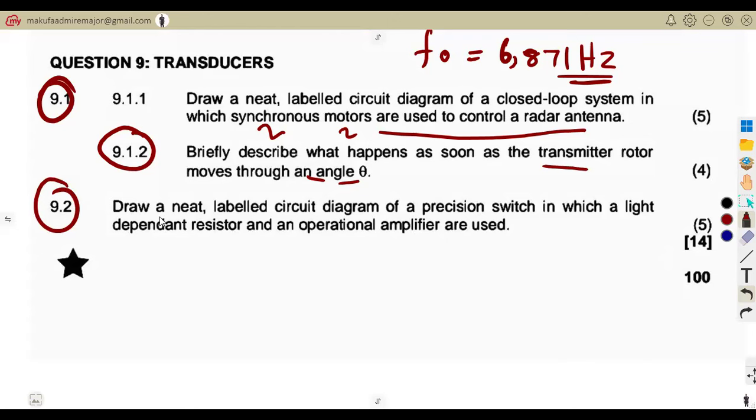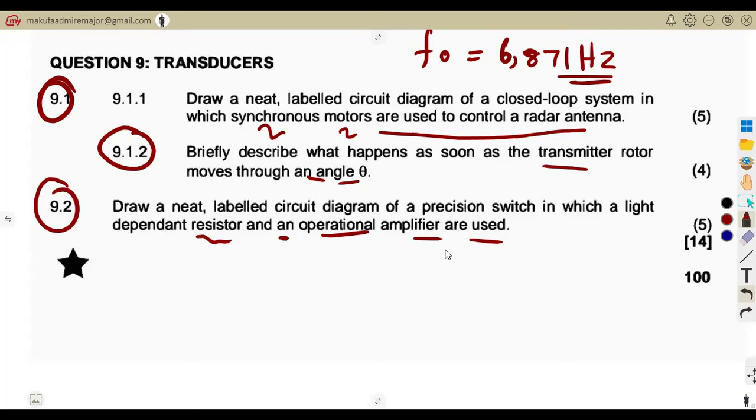Then on 9.2, they needed you to draw a neat labeled circuit diagram of a precision switch in which a light-dependent resistor and an operational amplifier are used at the same time. You must have a light-dependent resistor, and we also need an operational amplifier to be presented.